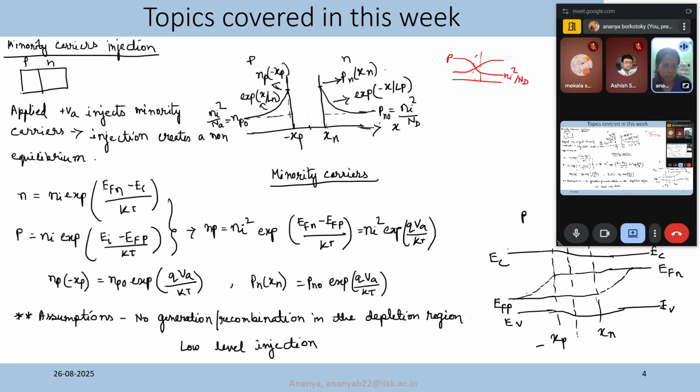This is the hole concentration here, and here it started as Nd, and it decreases like this, and this is Ni square by Na. Please check the notes from the last class. I think I have discussed it. Okay, this is how the carriers vary.